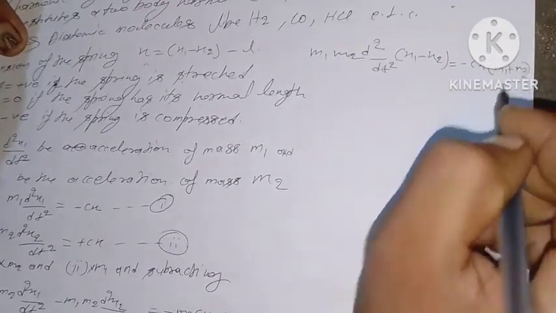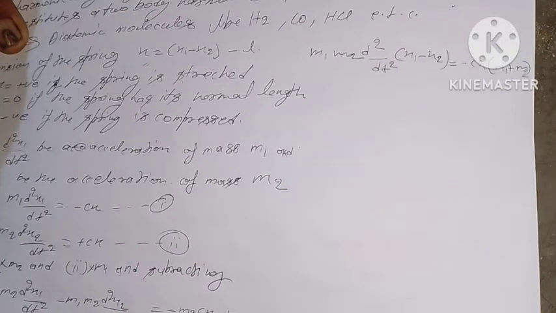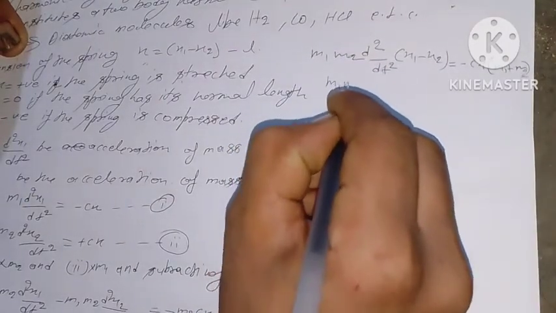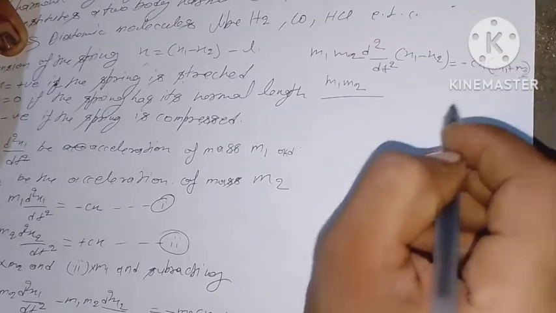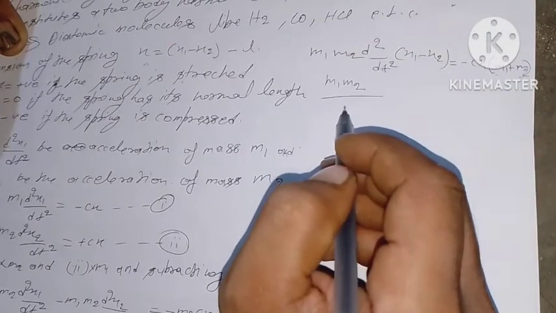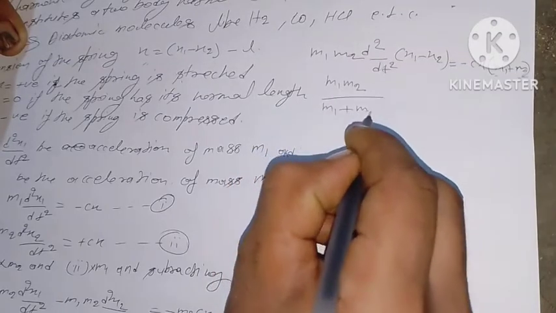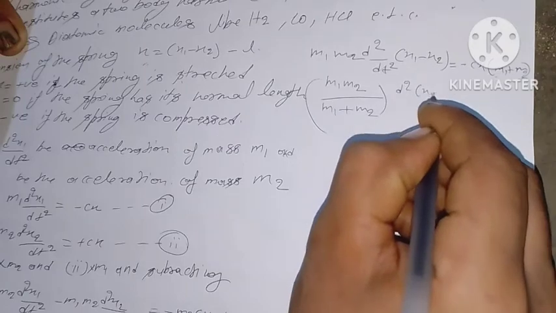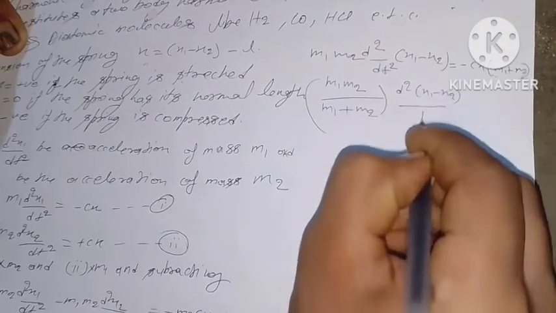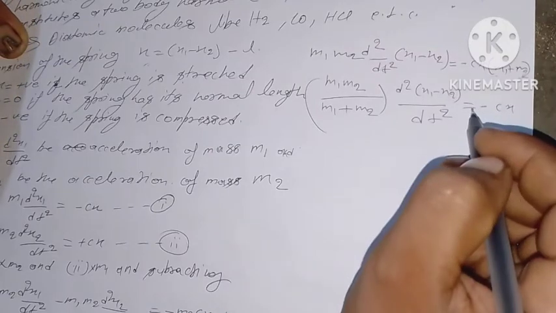Then m1 m2/(m1 plus m2) d²(x1 minus x2)/dt² = minus Cx, after transposing to the LHS.